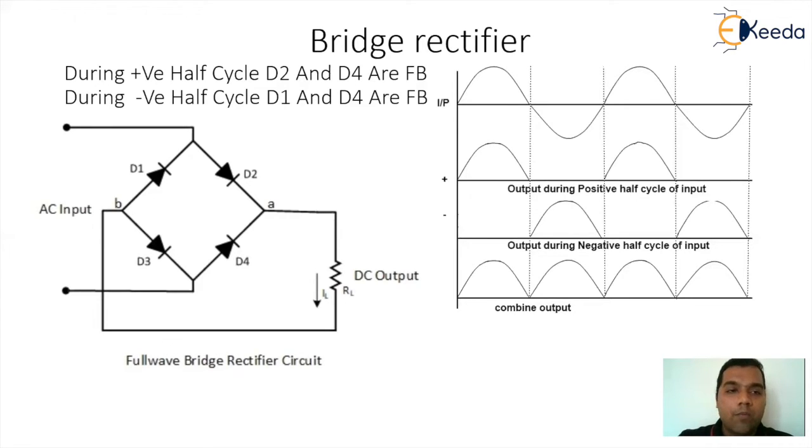When you look at the combination, you will find that during the positive half cycle, D2 and D3 are forward biased, and during the negative half cycle, D1 and D4 are forward biased. So eventually when you see the total output contribution, you will get 2 half cycles, and every half cycle is going to be preserved.